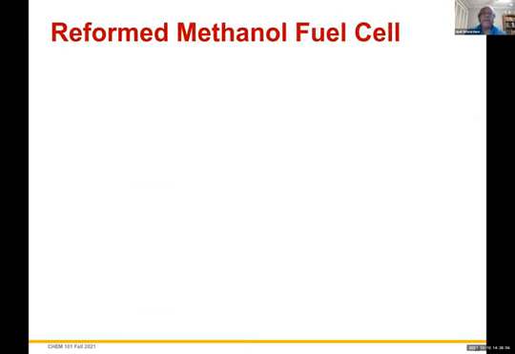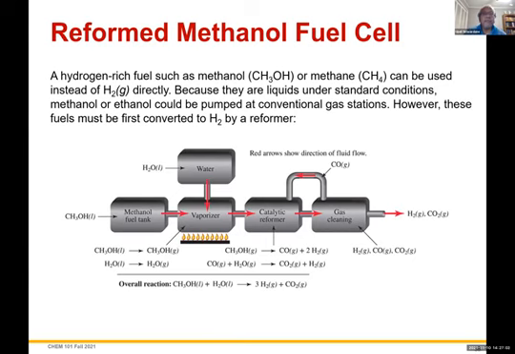But there is the reformed methanol fuel cell. You can use methanol in a fuel cell directly to produce hydrogen, which is fed into the fuel cell.